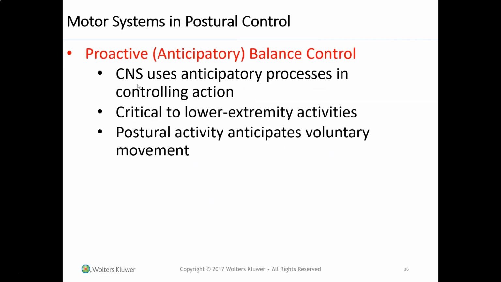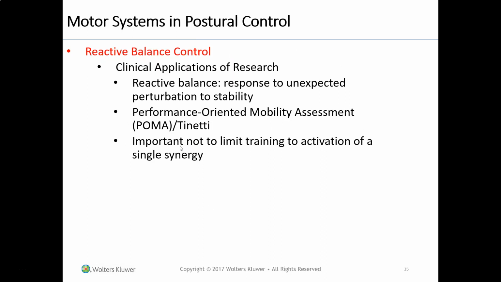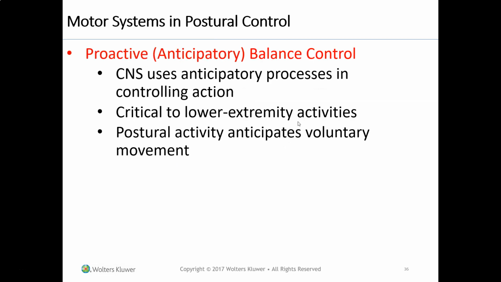And the CNS uses anticipatory processes in controlling action, critical to lower extremity activities, and postural activity anticipates voluntary movement. All right, so as we looked at the Denny, which is reactive balance, now we have to look at anticipatory balance.